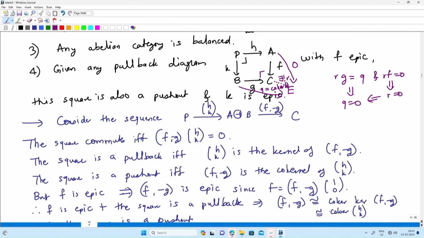Okay, let's stop here. Do you have any questions? Next time we are going to start looking at some special types of Abelian categories called Grothendieck Abelian categories, and we'll give a sketch proof of the Freyd-Mitchell embedding theorem, which states that any small Abelian category can be embedded in a fully faithful manner in a module category over some ring.